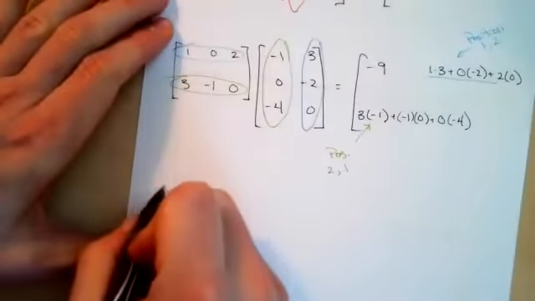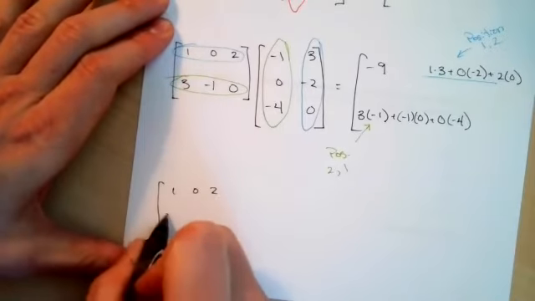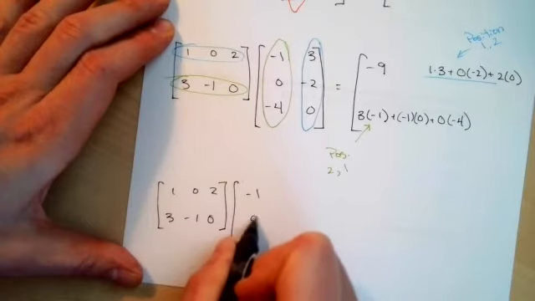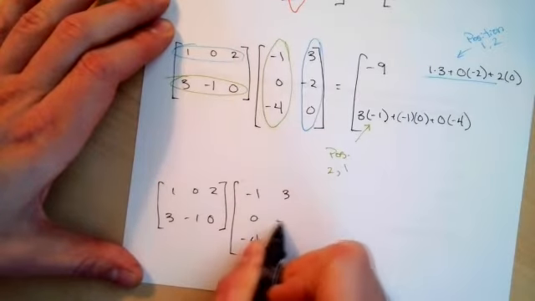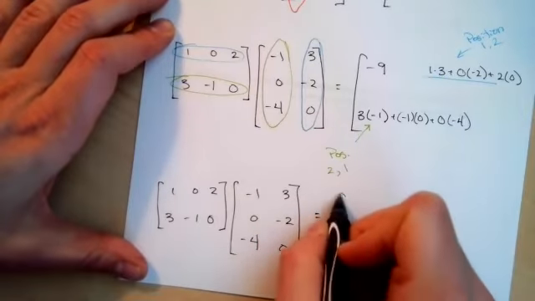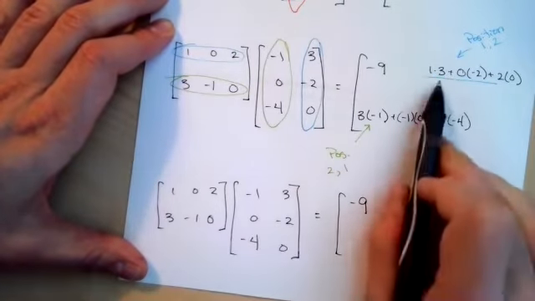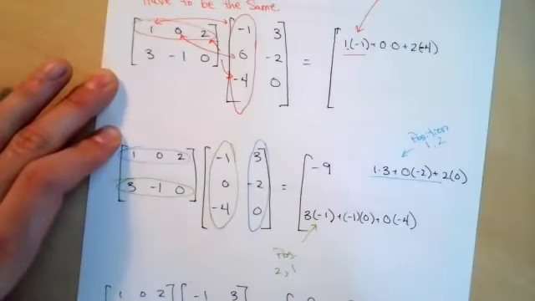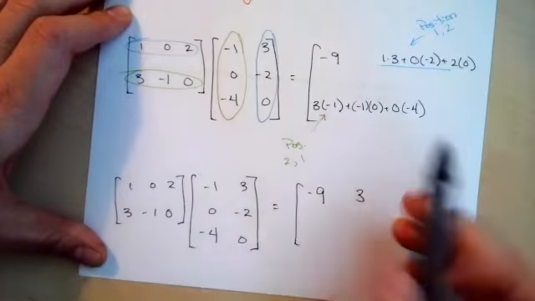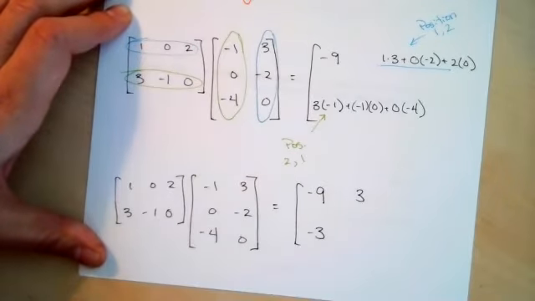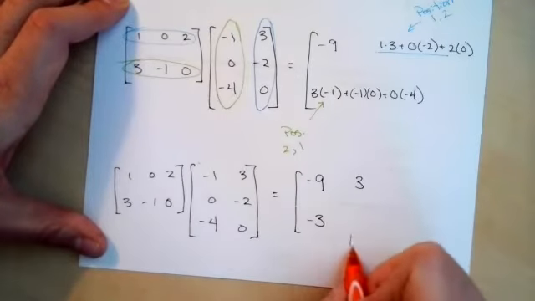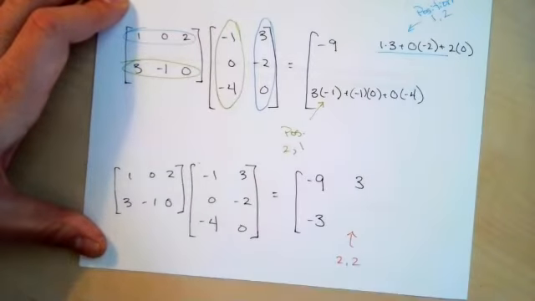And then our last one. So we've got -9. Looks like we'll have 3 in that second position. Then we've got, let's see, -3 in that position. And now our last one, position 2, 2.